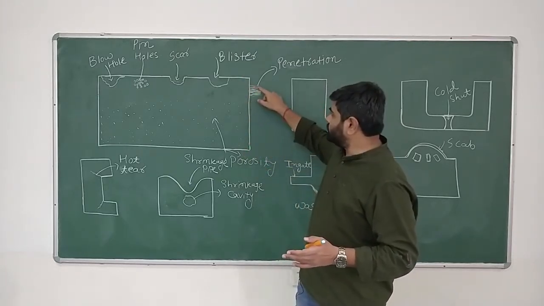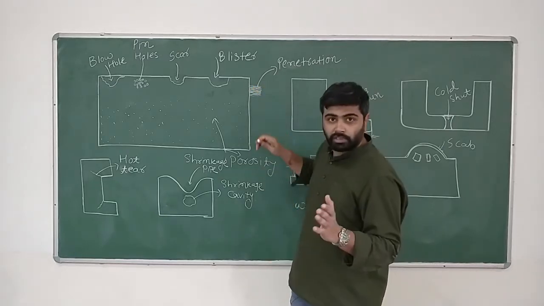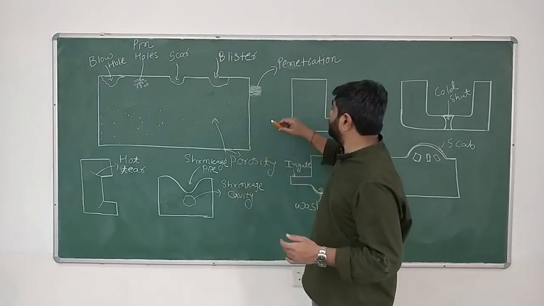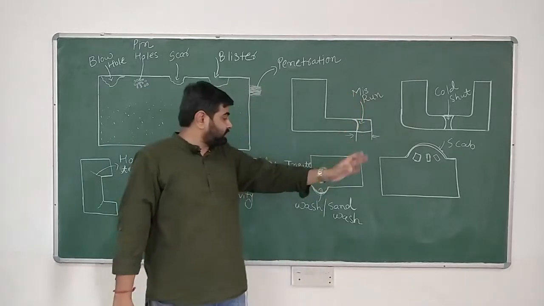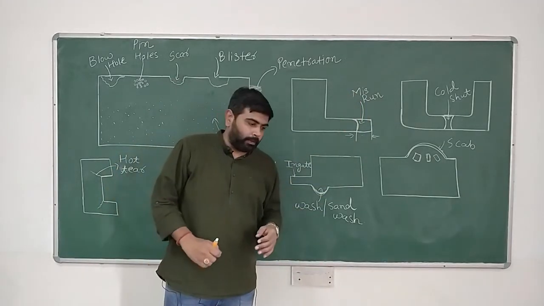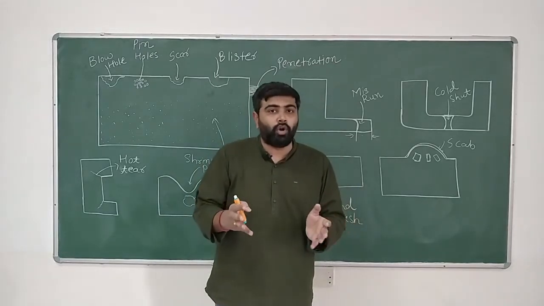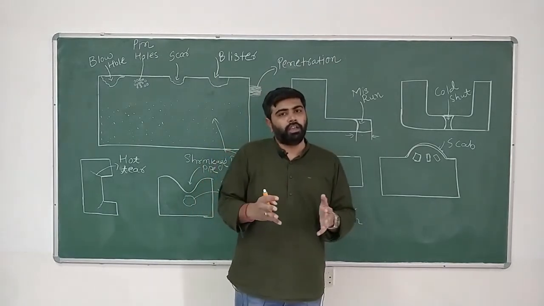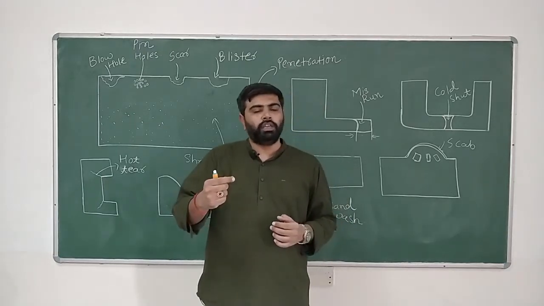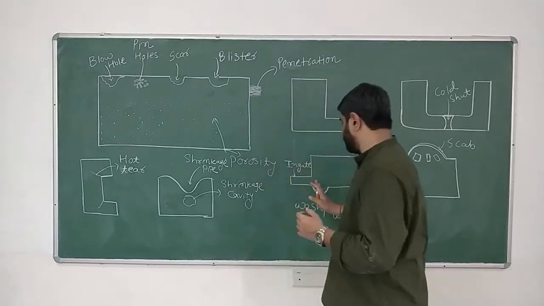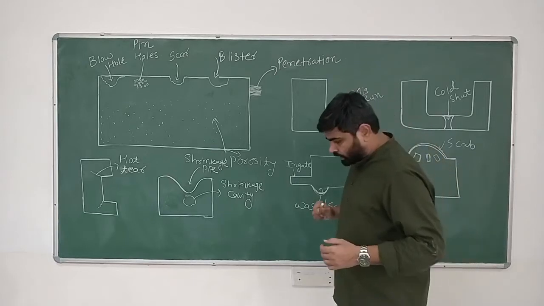Instead, we will see this type of metallic projection coming out of the flat surface, and that type of defect is called penetration. Penetration, scab and wash, the reason behind them is insufficient strength of the mold or molding sand. So if we can increase the strength of the mold, we will be able to avoid defects like wash, scab and penetration.